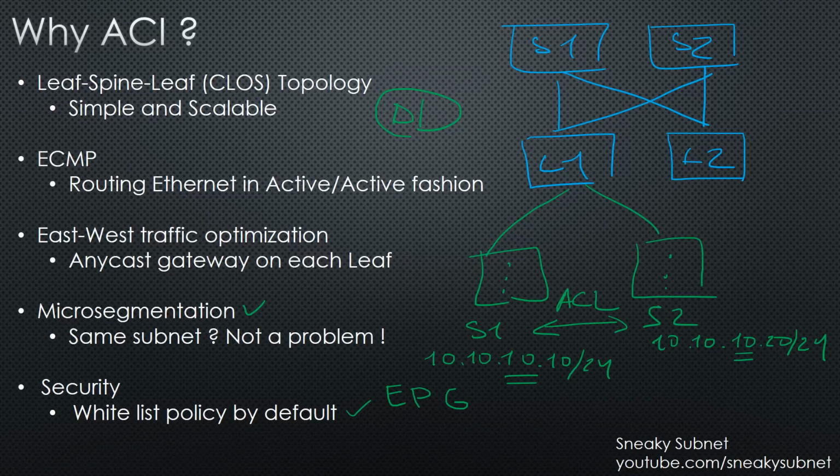If you have some objects inside EPG1 and you have different objects, different servers, different VMs inside EPG2, they cannot talk to each other by default. If you want EPG1 to be able to talk to EPG2, you will need to define that access explicitly.